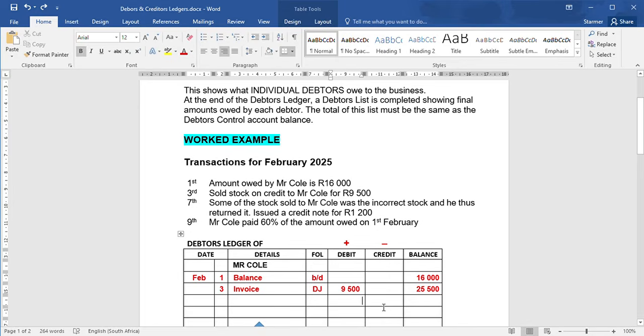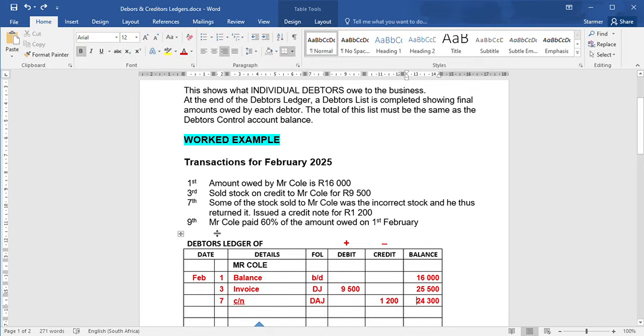And obviously if he's returning, he doesn't have to pay so much, so he's going to owe less. So we're going to record that transaction in the minus column. Now the balance is going to be that 25,500 minus 1,200, which gives you 24,300.